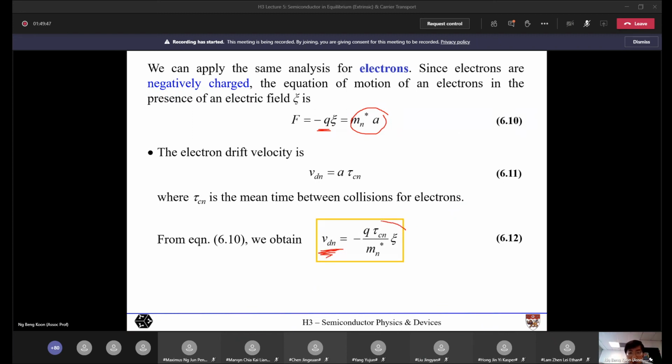You notice that the form is very similar to that of holes. This quantity here, q tau cn over mn star, collectively we call the electron mobility mu n.